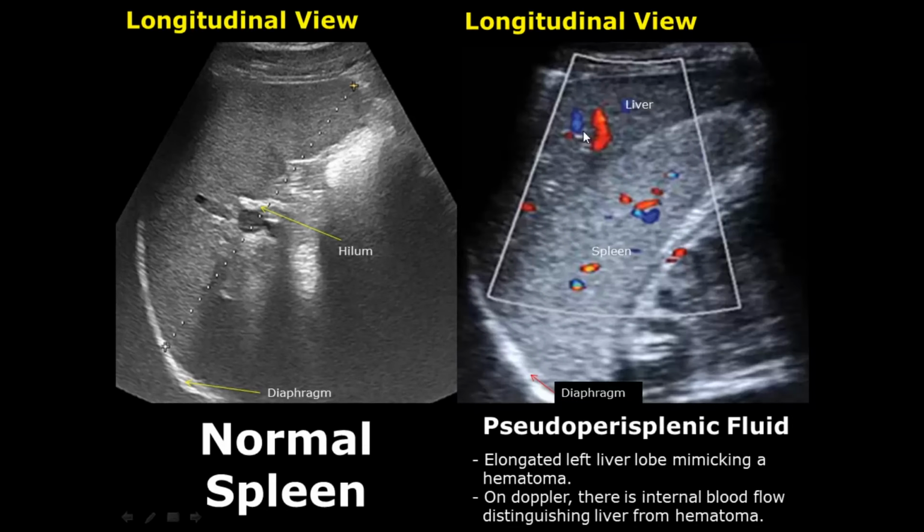The liver will have internal flow, whereas the hematoma will not have any flow. Here is an image with color Doppler applied. You can see blood flow inside the liver. This type of condition is called pseudoperisplenic fluid.